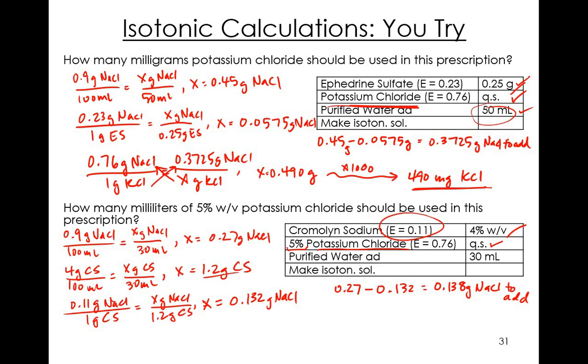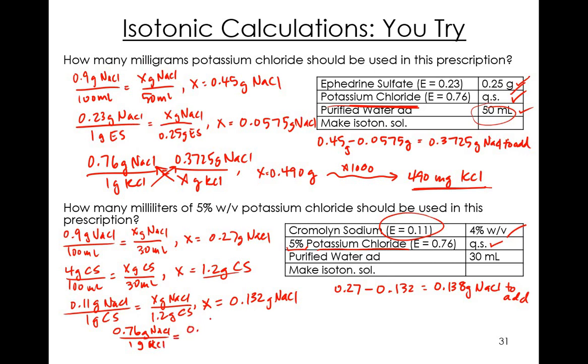Okay, now we can worry about the potassium chloride. The first part is just like in problem 1. We'll determine the mass to add based on the E value for KCl.